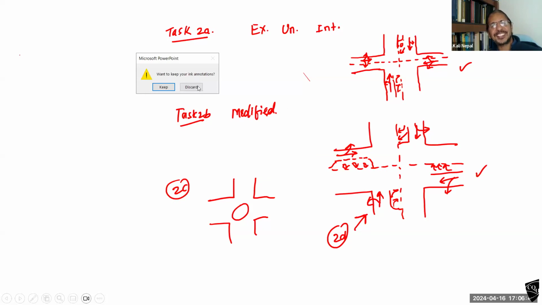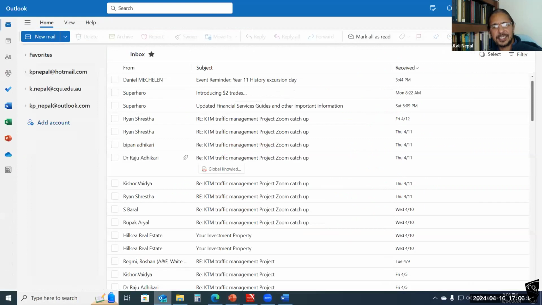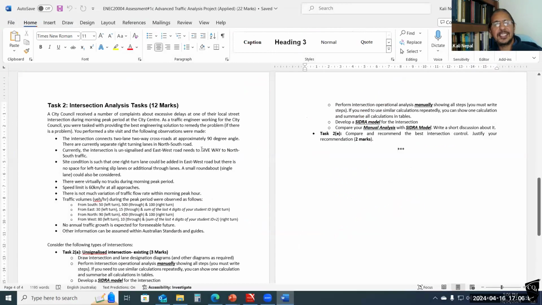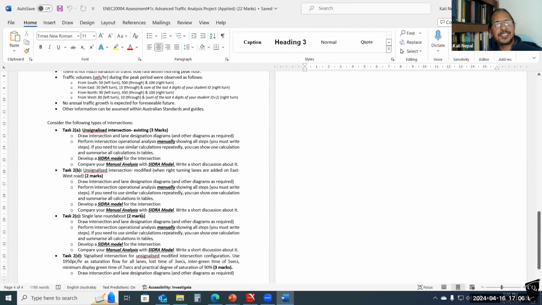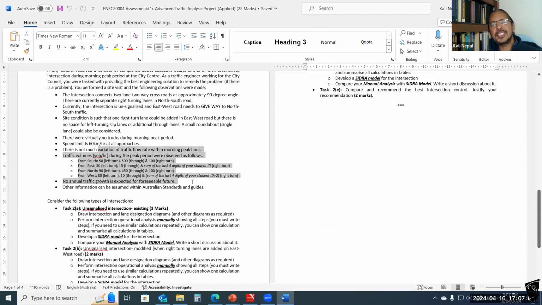If you open up, volumes are already given here. Those volumes are based on this configuration and represent the turning movements. So it does not matter where we allocate those lanes.